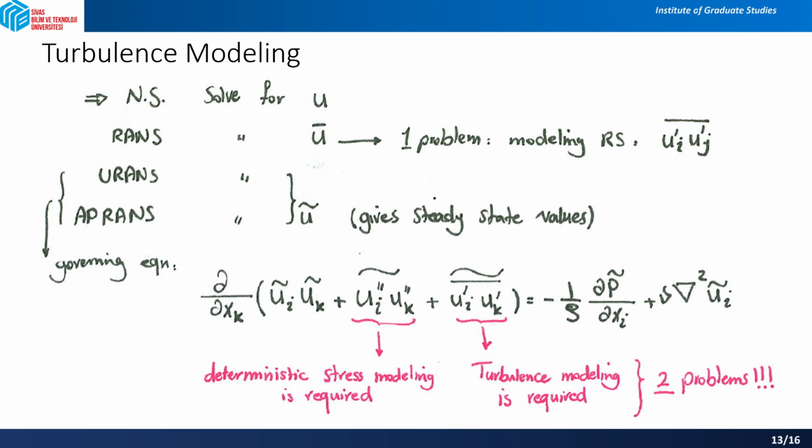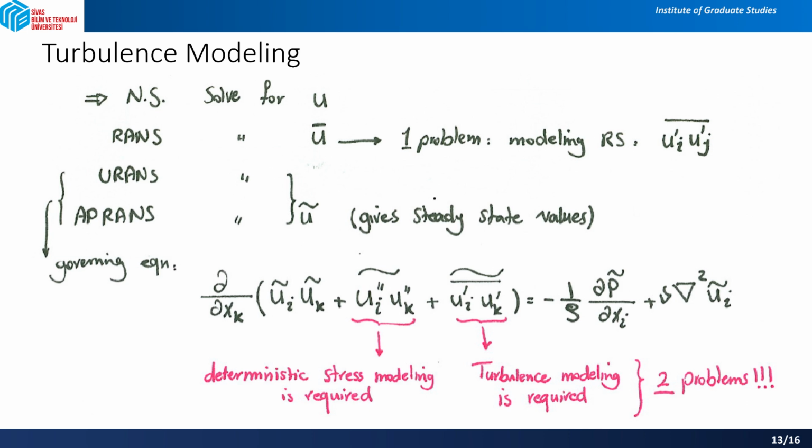This is very clear because you already had to model this in normal turbulent flow. So this is turbulence modeling. So see, if you have, let's say, simple turbulence modeling, you don't have this deterministic stress modeling, right?